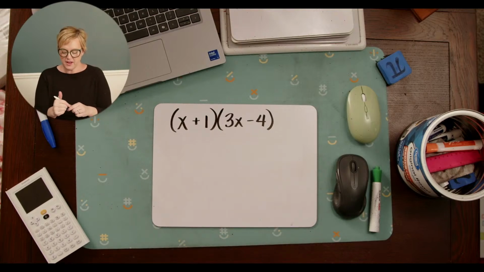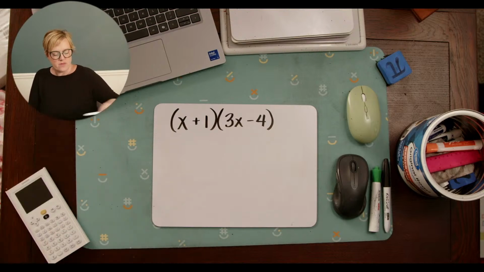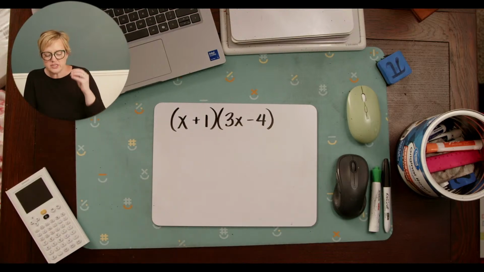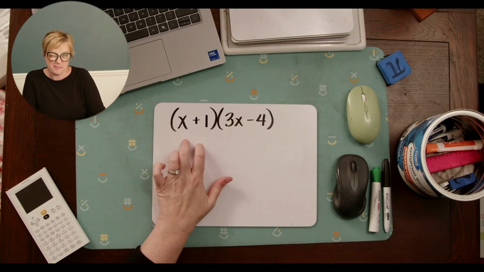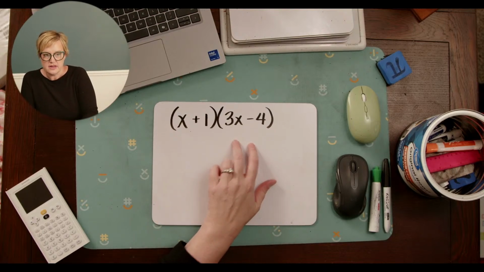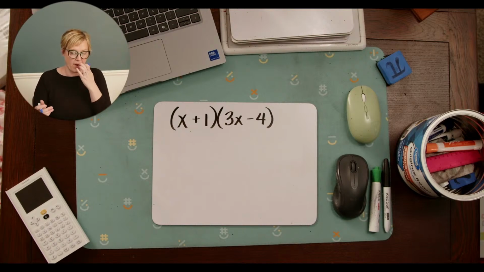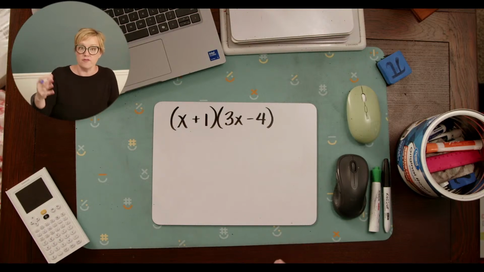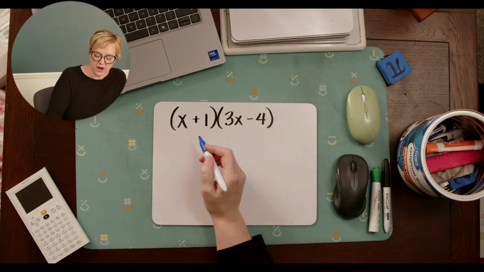Now I'm multiplying them together, and there are a few different ways of doing this. When we multiply these together, we want to make sure both terms in this binomial get multiplied by both terms in the other, so everybody multiplies by everybody.